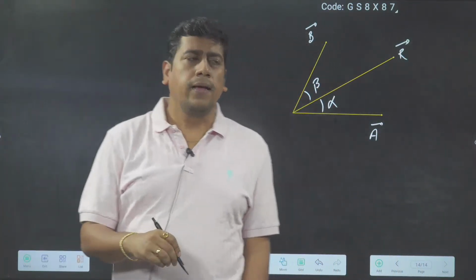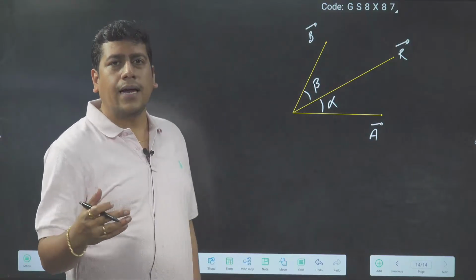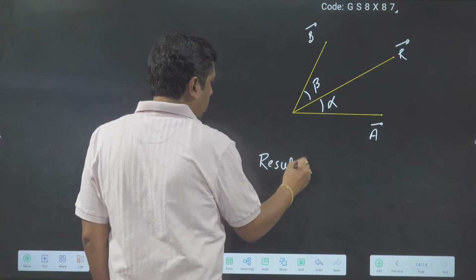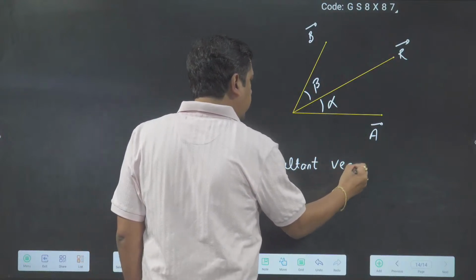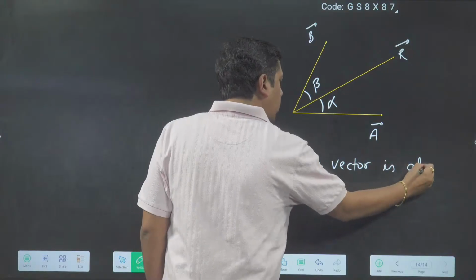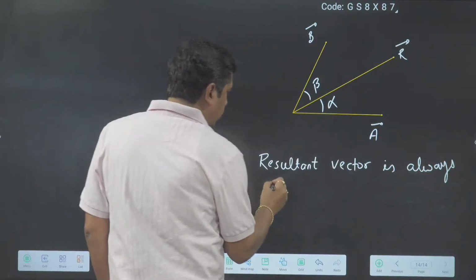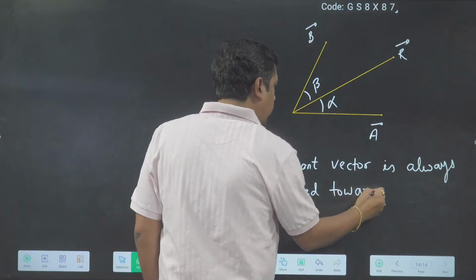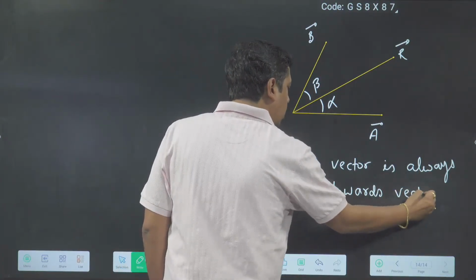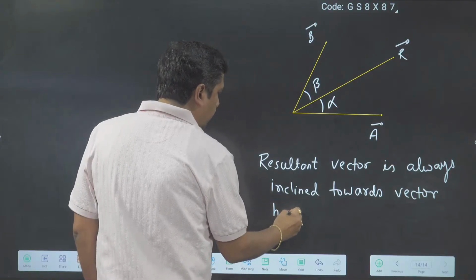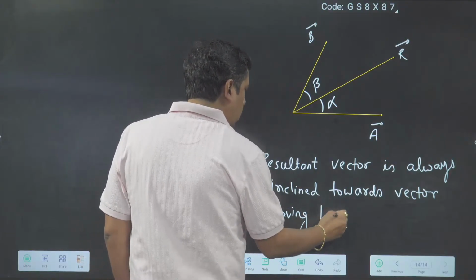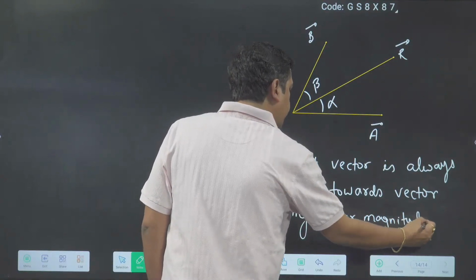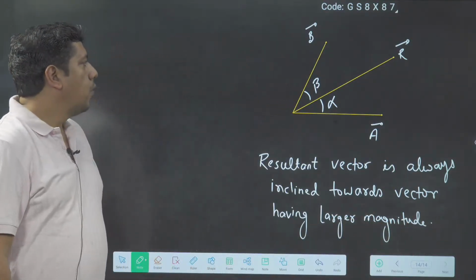Remember this point: the resultant vector is always inclined towards the vector having larger magnitude. What does it mean?